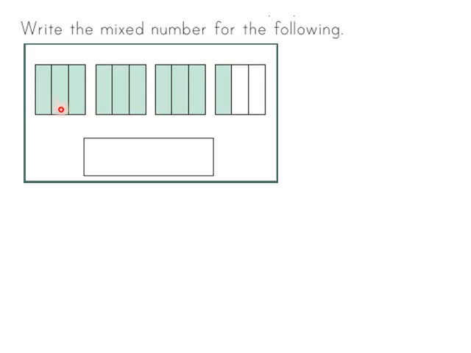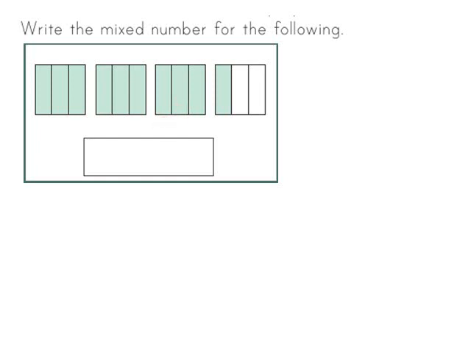First, I will count the whole shapes, the shapes that have all the parts shaded. Here, all the parts are shaded, so this shape is 1. This shape, all the parts are shaded, it is one whole. So I have here one whole, another one whole, and another one whole.